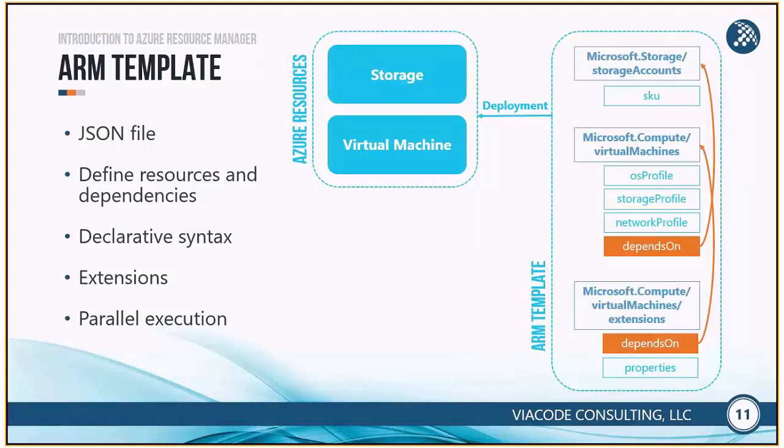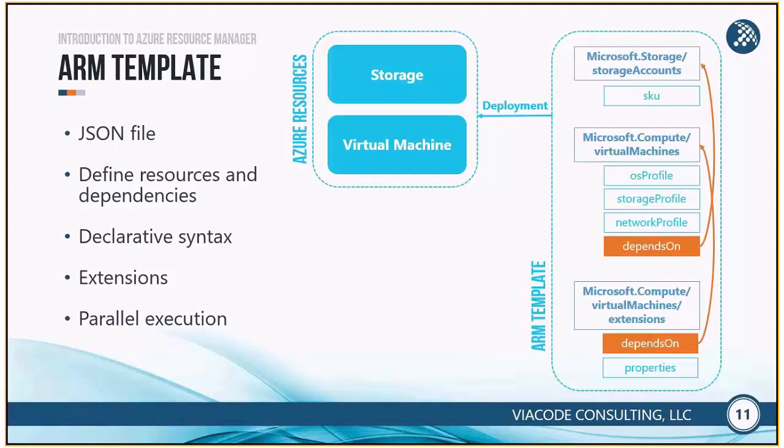Here's a simple example on the slide image. You can see on the diagram on the right side that only needed resources are declared, without any difficult logic. You can see storage account properties, next virtual machine properties, and a dependency on the storage account, which means that the VM will not be deployed until the storage account has been provisioned.